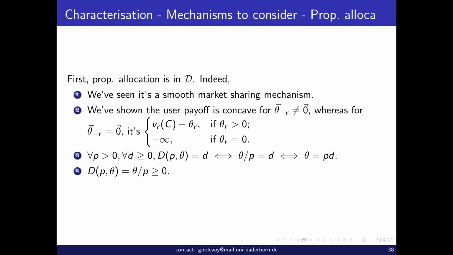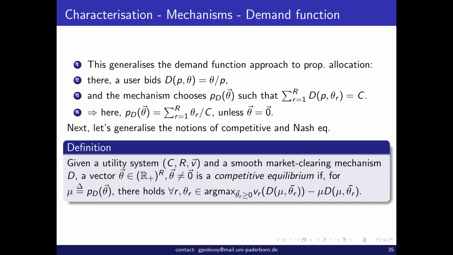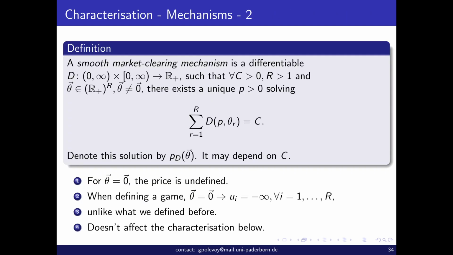mechanism. So that allocation is one of the capital D's in this curly D. Why? Well, first of all, we have already seen it's a smooth market clearing mechanism. Maybe I should remind you what a smooth market clearing mechanism is. It's a differentiable function which tells how much you get when you have a given price, the first variable, and a given bid, that's your bid, the second variable.